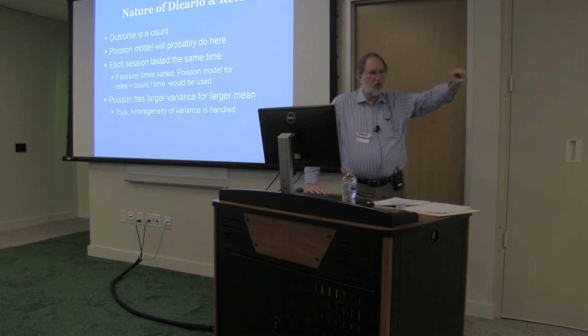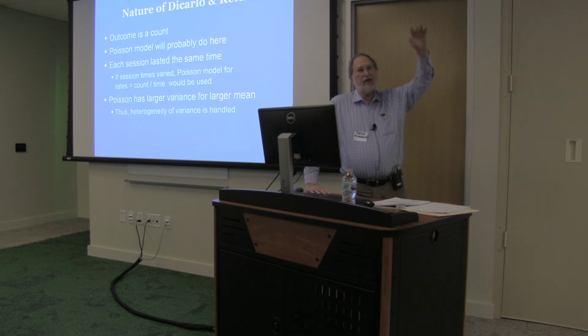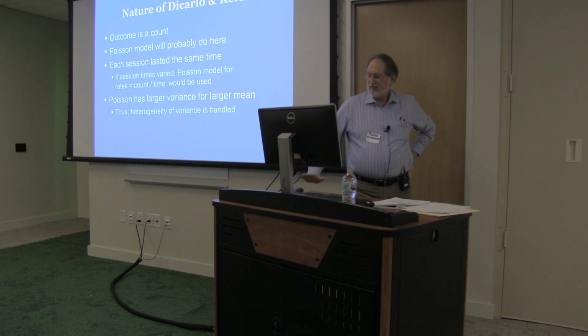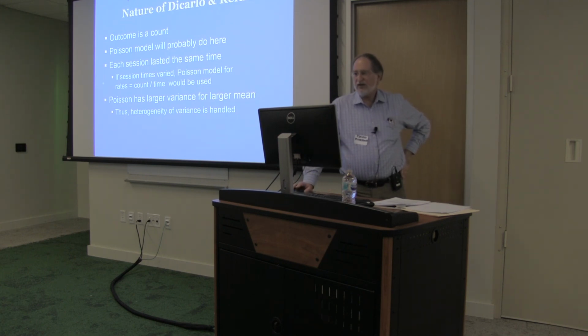It'd be small values, and there wouldn't be much variability in it. Whereas if they're averaging 5, it'd be 5 and 4 and 7 and 3, a lot more variability for a 5 average. So the Poisson does that trick for us, handles the heterogeneity of variance.